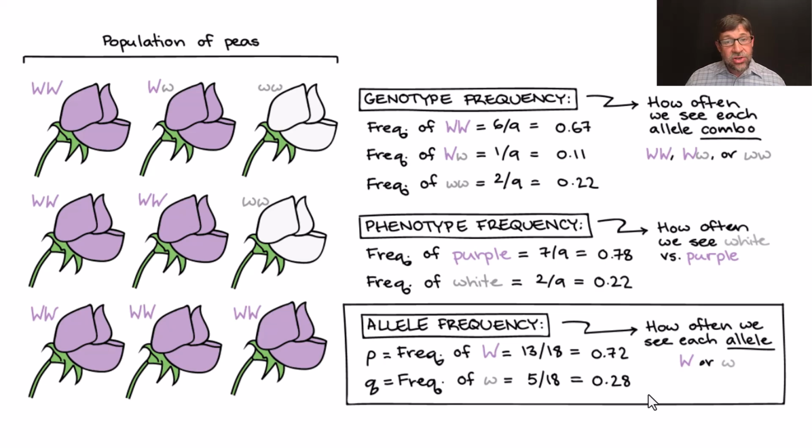Is it asking you for phenotype frequencies, the proportion of the dominant versus recessive phenotype? Is it asking for genotype frequencies? Or is it asking you for allele frequencies? So you've got to be able to discern the difference. And again, a well-developed cheat sheet will be immensely important on this upcoming assessment.